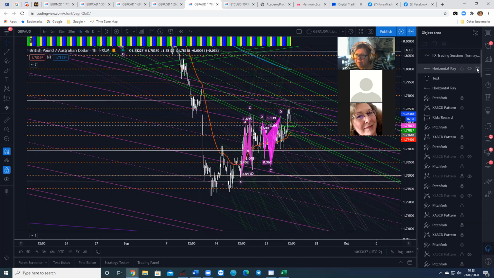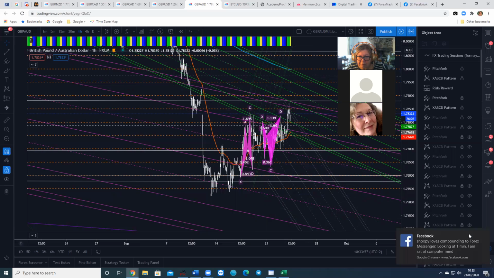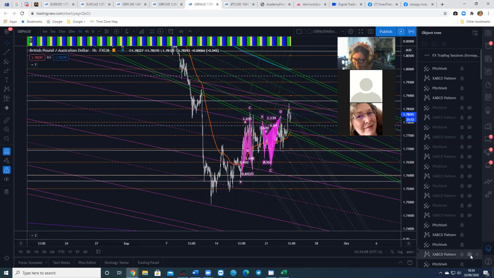I might rethink that scan, and I just want to hide some of this, otherwise we can't see what we're doing. That looks a bit cleaner. Whoops, I forgot to mute our little friends.